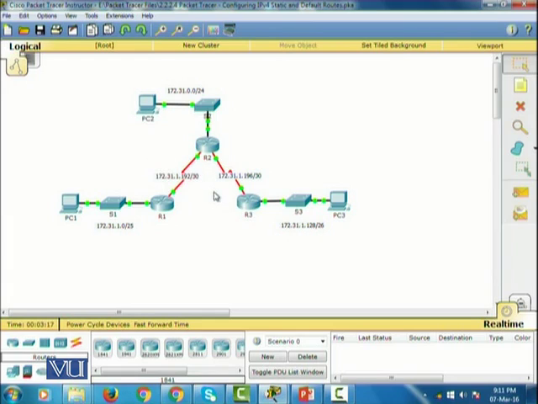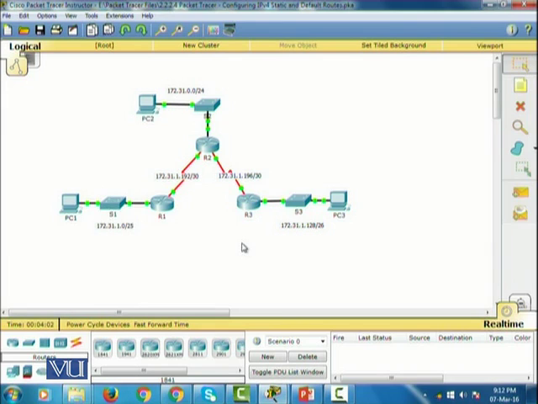And as we have already learned, if there is a stub network or a stub router, it is recommended to use static routing. A stub router is a router which only has one upstream router, and this is also a stub network. And then we will see how we can configure this router with static routes.